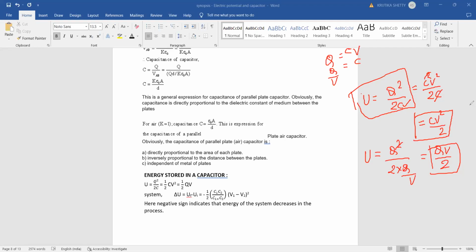Then this work done is stored in a body as potential energy, or it is kinetic energy. Always remember, any derivation you see starts from work done and then ends as an energy derivation. So here also the same, that is the work done expression we are taking. Work done is equal to force into displacement. Yes, so like that we are substituting. So I'll clear this and I'll show the derivation.